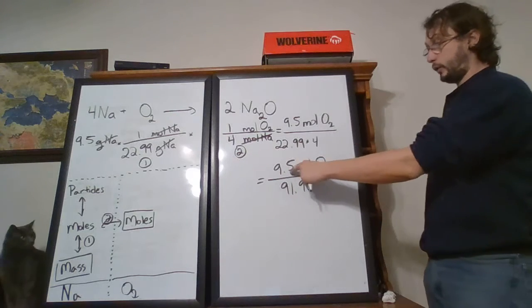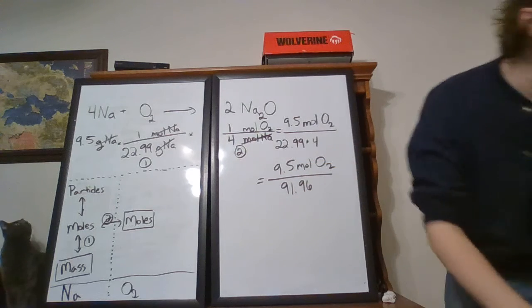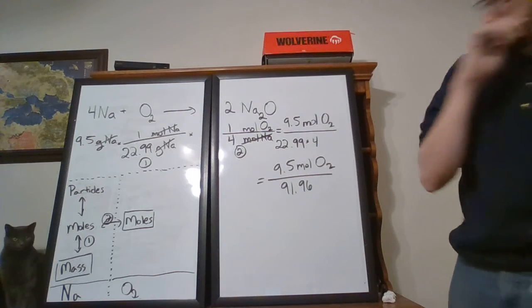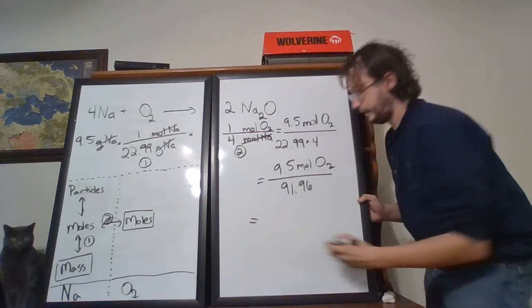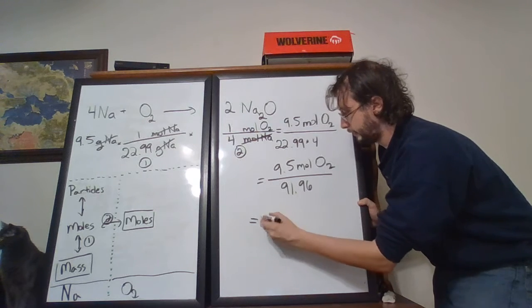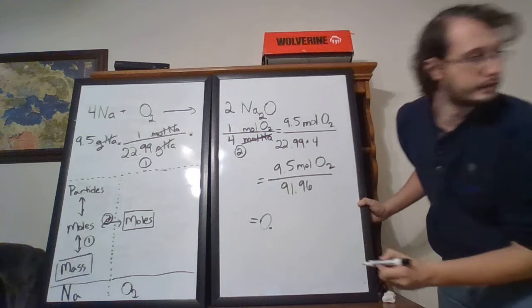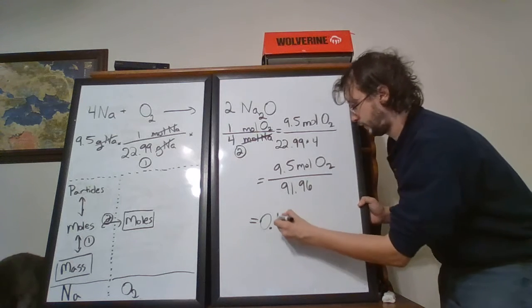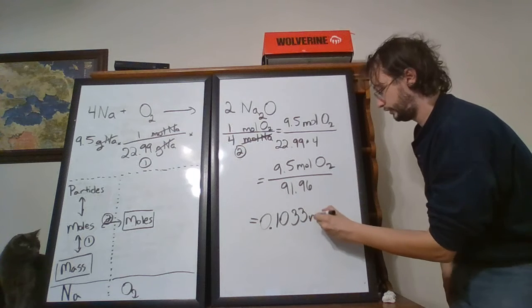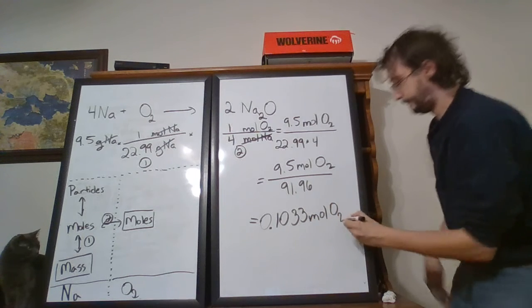Now we can take the 9.5 and divide by the 91.96. And that means that we have, when you put it into your calculator, 0.1033 moles of O2.